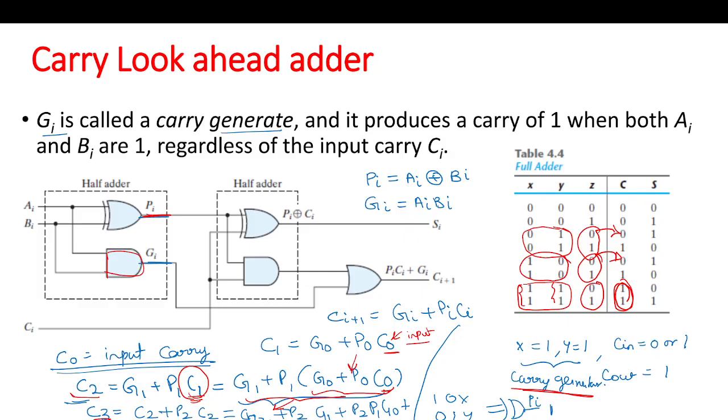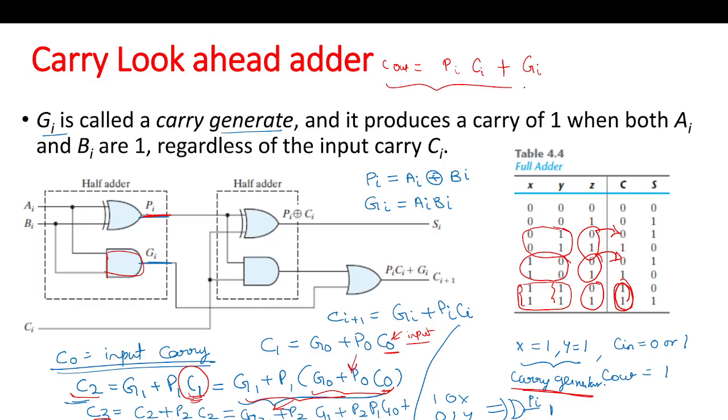That is fine. But if it is 0, 1 or 1, 0, it is going to depend on the carry in. So if it is the propagate value P1, then the carry output is going to depend on the carry in, or if x into y, which we call generate, is 1.